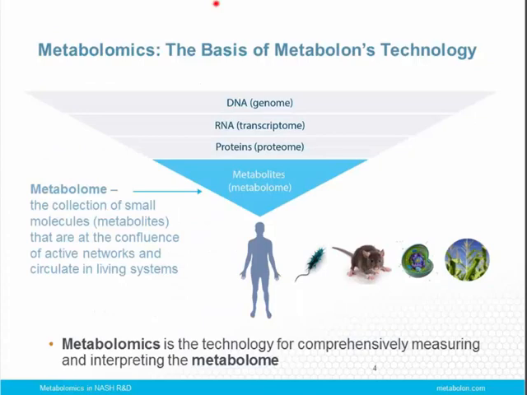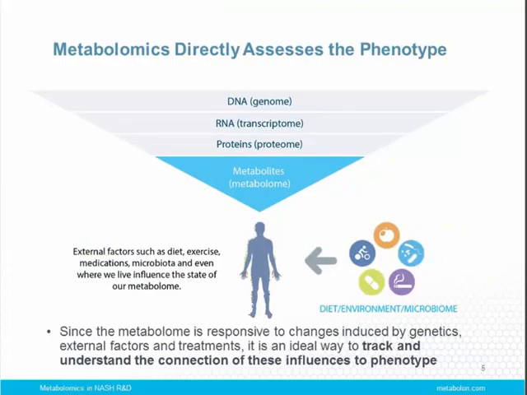Metabolomics is really the basis of Metabolon's technology, and metabolomics is the study of the metabolites in the metabolome, which are a collection of the small molecules that are really circulating in every single living system. From our point of view, metabolomics allows us to directly assess the phenotype.